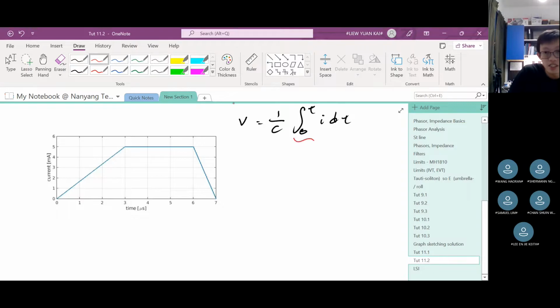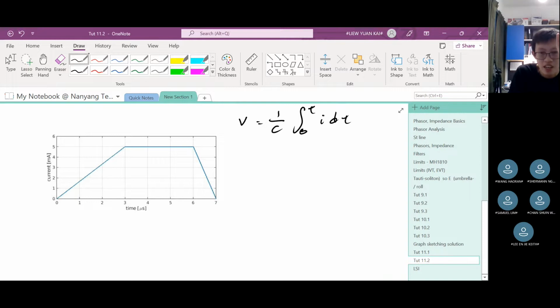Yes, this means the area of the graph, right? You don't need to know that. The point is, to find the shape of the VT graph, you need to look at the IT graph. And then what do you need to do to it? You need to integrate it, right?